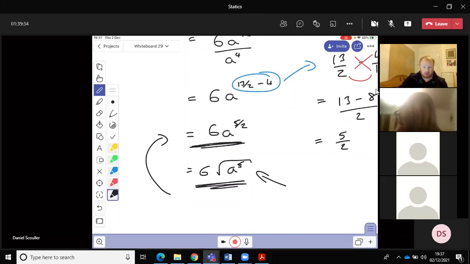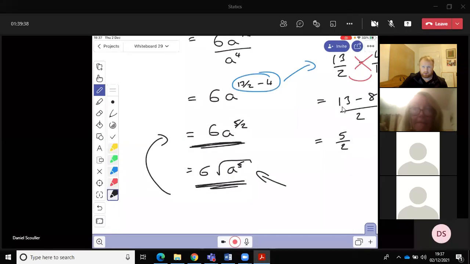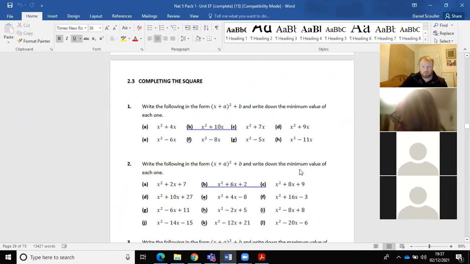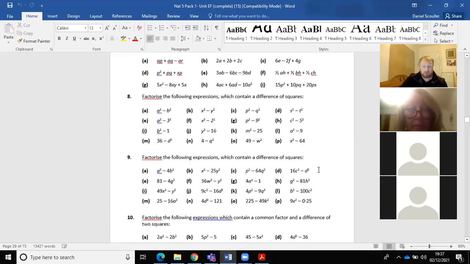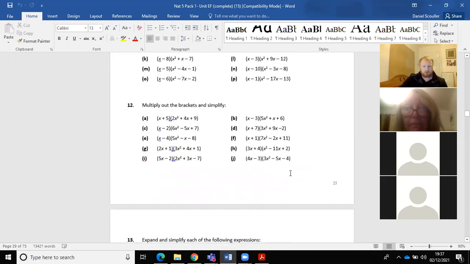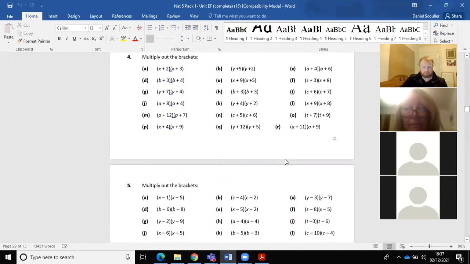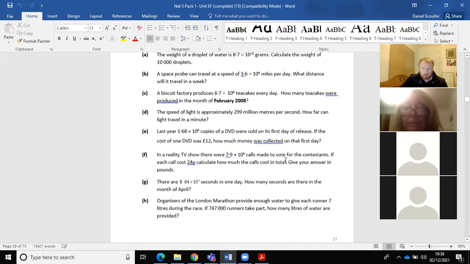Got down here, page 15. That's page 15, question 14. So this is just the booklet, pack 1.